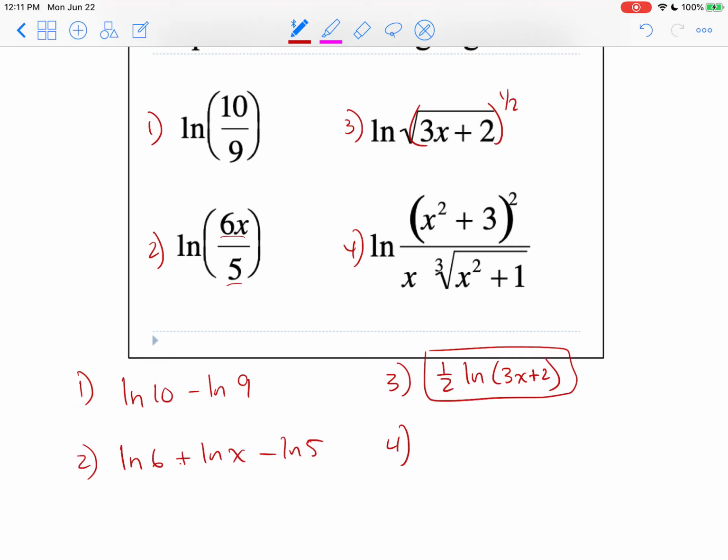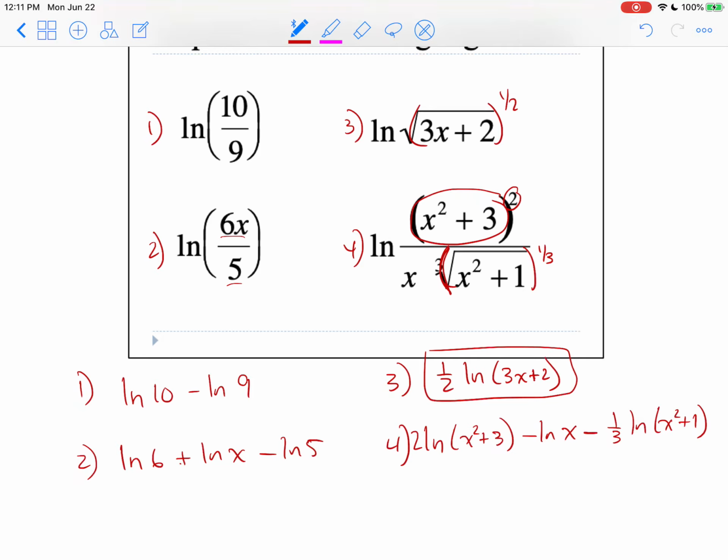And finally, this one's a bit of a doozy. This exponent is going to go with this term. This is a cube root, so I'm going to think of this as to the 1/3 power. And so we have 2 ln of x squared plus 3 minus ln of x minus 1/3 ln of x squared plus 1.